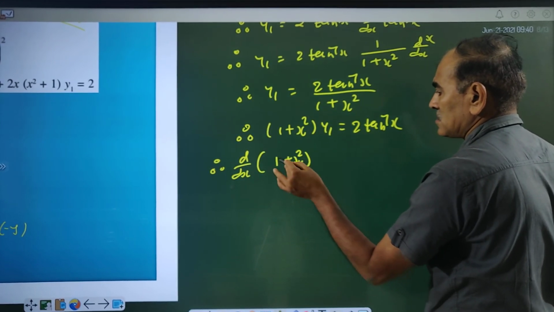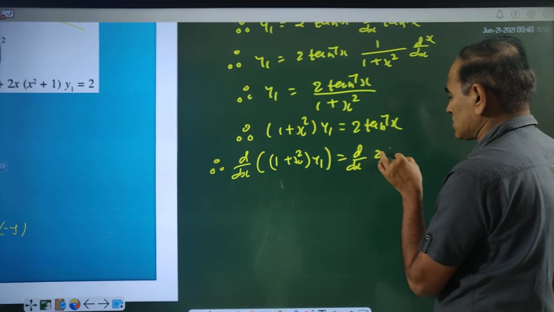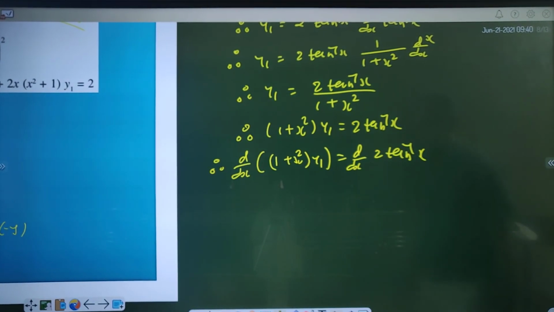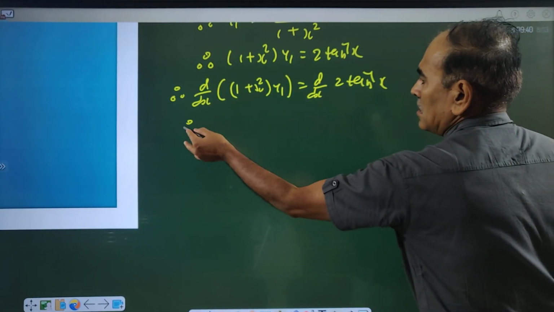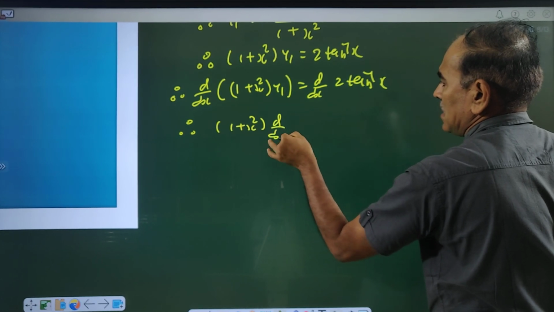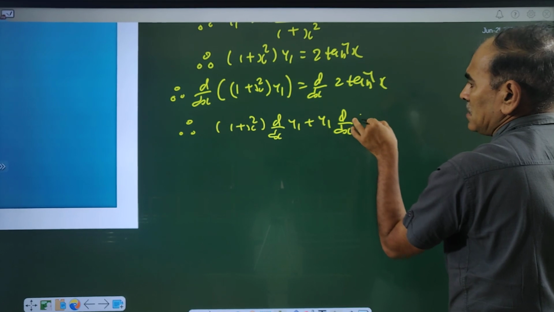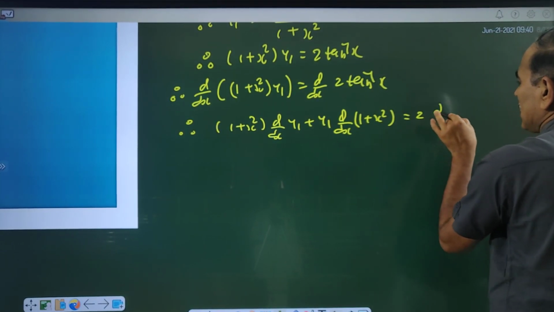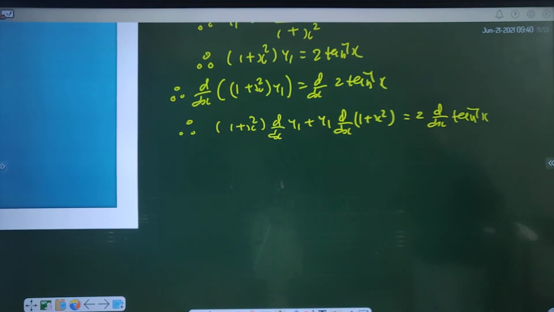1 plus x square into y1 is equal to 2 tan inverse x. Differentiating, 1 plus x square as it is, d by dx of y1, plus y1 into d by dx of 1 plus x square, is equal to 2 times d by dx of tan inverse x.